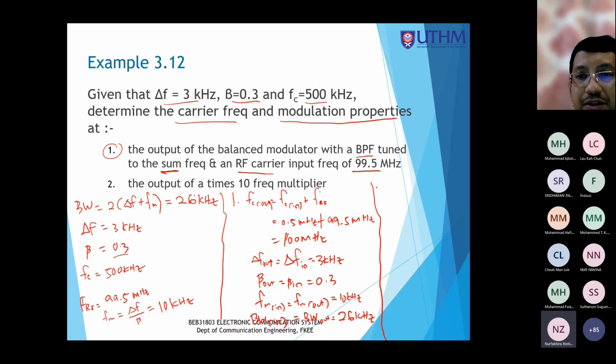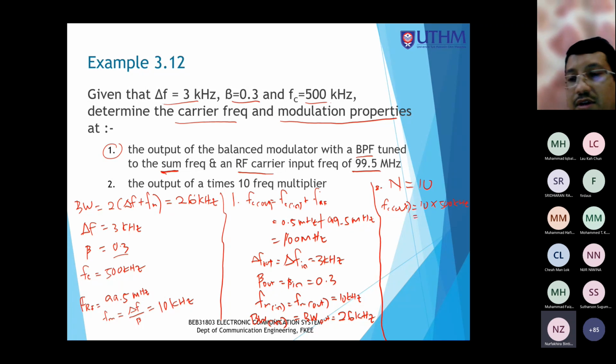Then the second question is to use the frequency multiplier. That means we are given a factor of n equal to 10. So here we need to multiply all the input frequencies. FC out is equal to 10 times 0.5 mega, or 500 kilohertz of input.